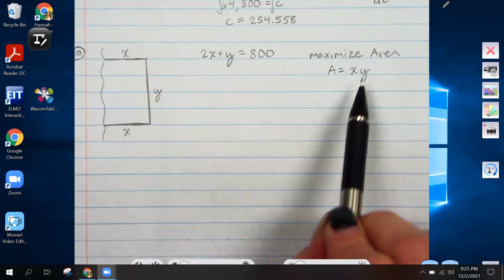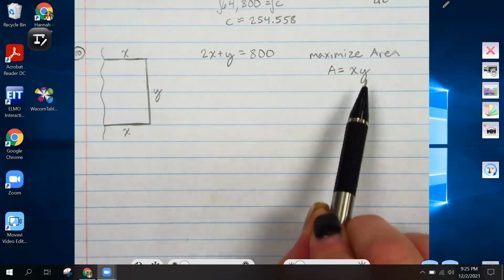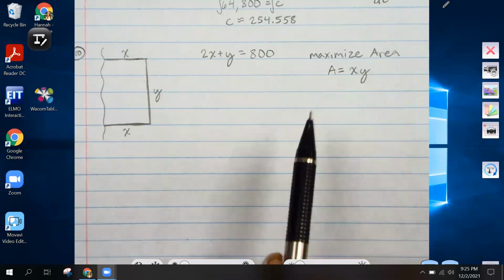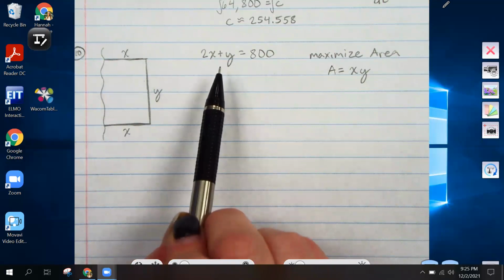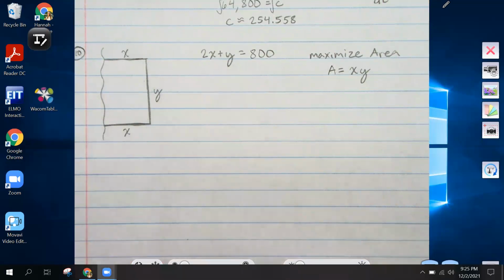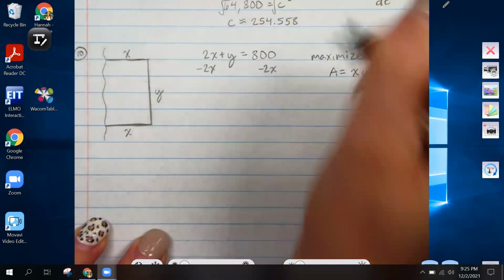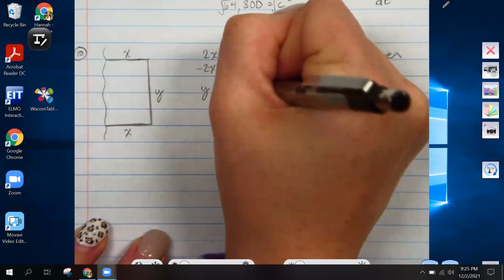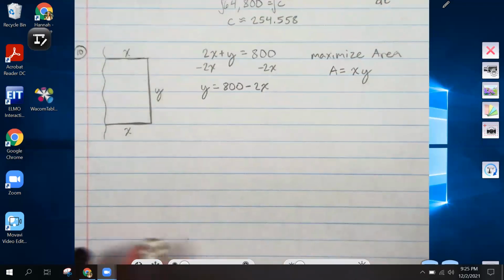So before we can maximize by taking the derivative of this equation, we want to get everything in terms of one variable. So in this equation, we either need to solve for x or solve for y. I think it's going to be easier to solve for y by subtracting 2x from both sides. So y equals 800 minus 2x.